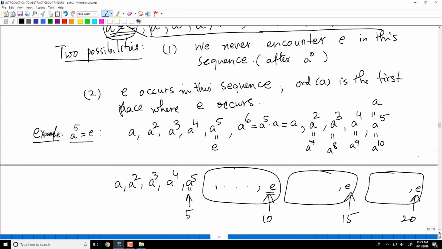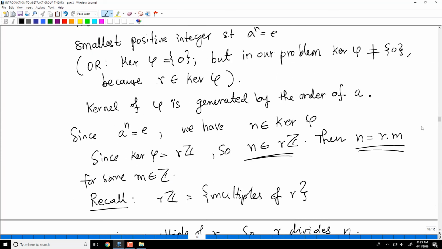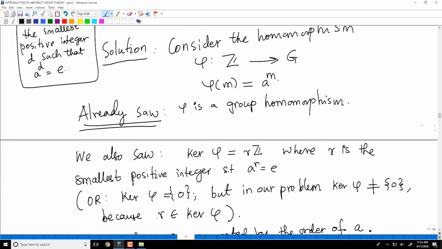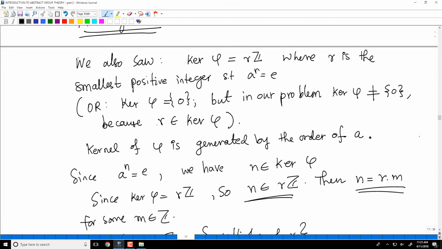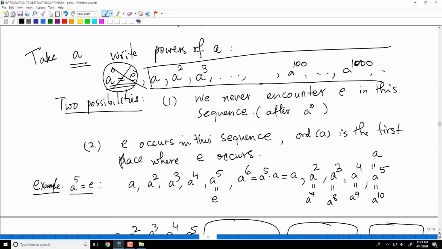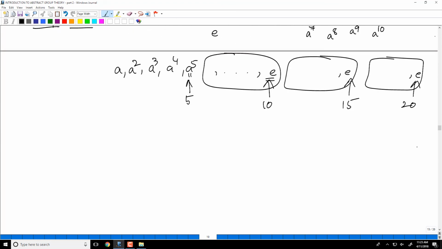So the problem is essentially encapsulating the data that we just discussed. If A power n is E, then n must be a multiple of the first time you encountered E in this sequence. And let me quickly illustrate both of these possibilities.